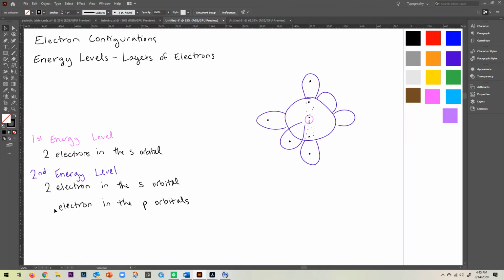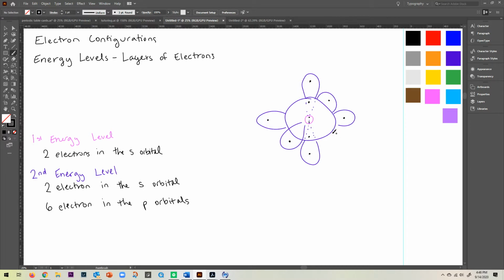If I wanted to add another electron, I could add it in another p orbital, and there's still space right here. Each orbital can hold 2 electrons. So if I wanted to add another electron, I could add it right in here, and I would have 6 electrons in the p orbitals.